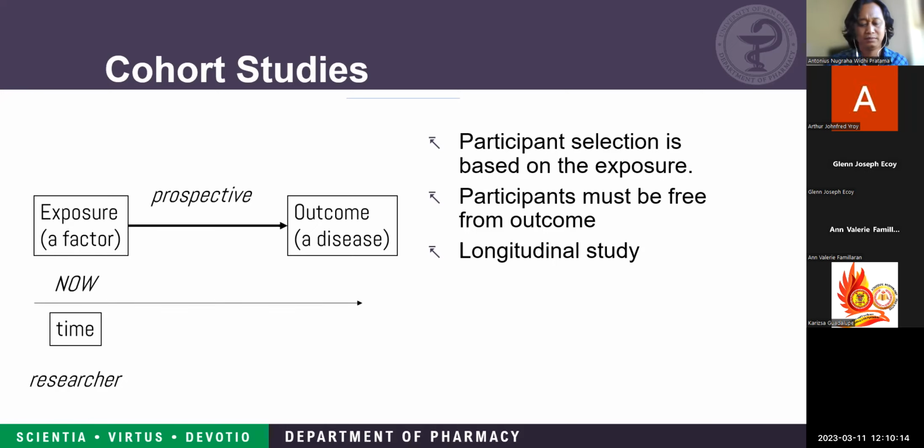That is if the cohort study follows the patients for a long term, like tens of years, like 20, 30, even 50 years. Do we have something like that?